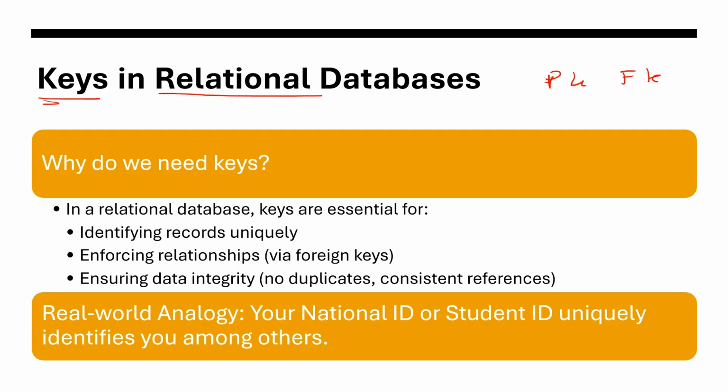And we are going to extend on that, when I'm referring to keys, what they are referring to. It means that, first of all, keys help us to identify records uniquely, just like in the context of a primary key. You have keys that help you to enforce relationships, of course, the foreign key.